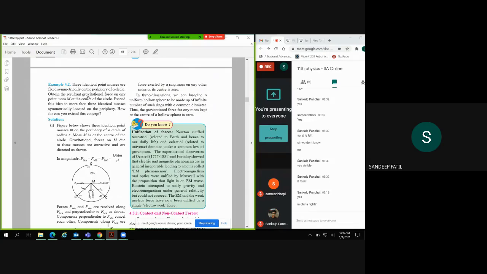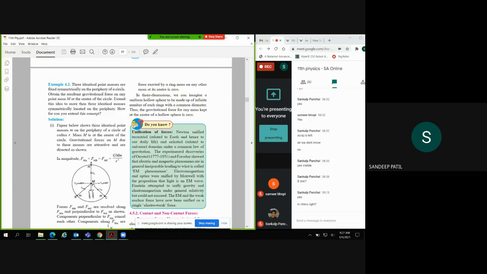That's what we have concluded from this example. In three dimensions, it will become a sphere, like a small ball with infinite number of masses around it. But the gravitational force on any mass kept at the center of a hollow sphere is also 0. That's what they want to show here, that at the center the resultant is 0.